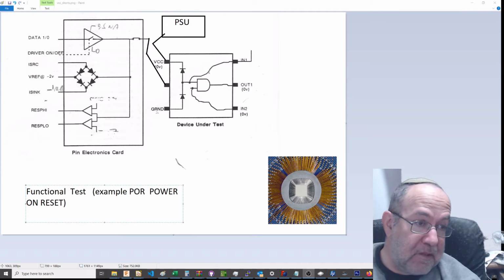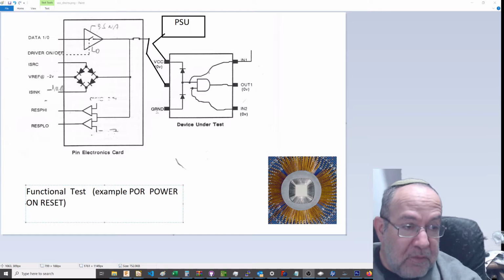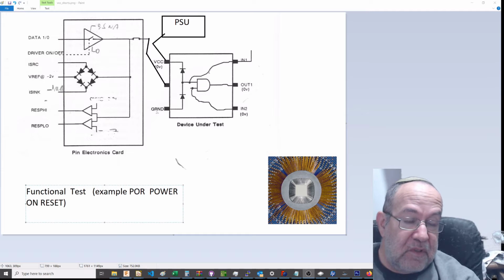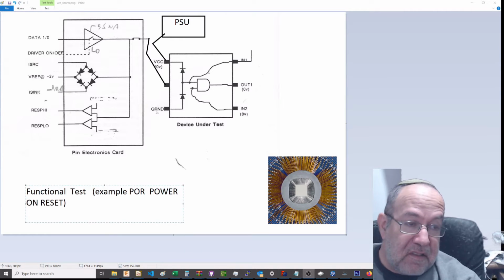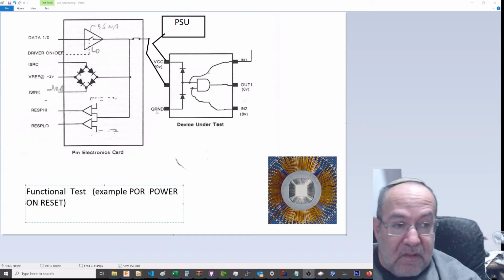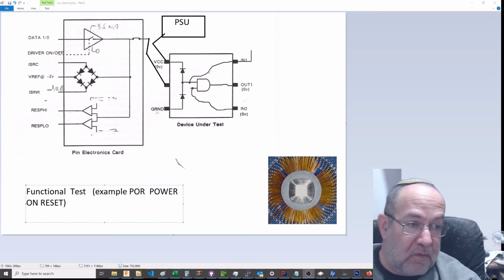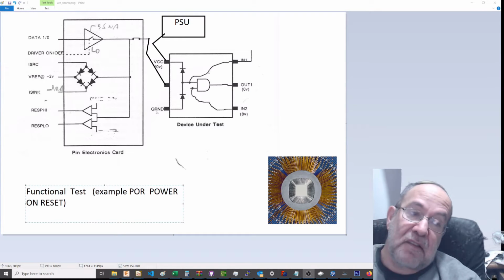Okay, as it comes out of reset state, we would be able to say that the device worked, the part of the device called power on reset is working.